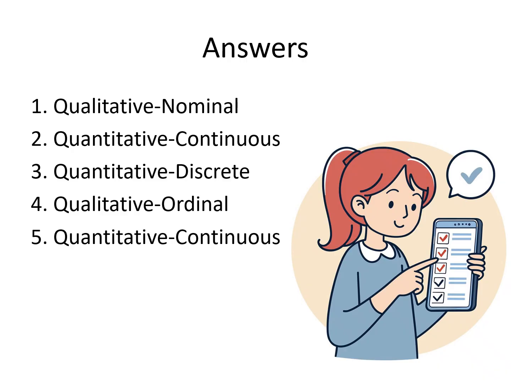Satisfaction score is qualitative ordinal because the categories are ordered. Temperature is quantitative continuous because it is measured. If you got most of these correct, you are already developing a strong understanding of data classification.